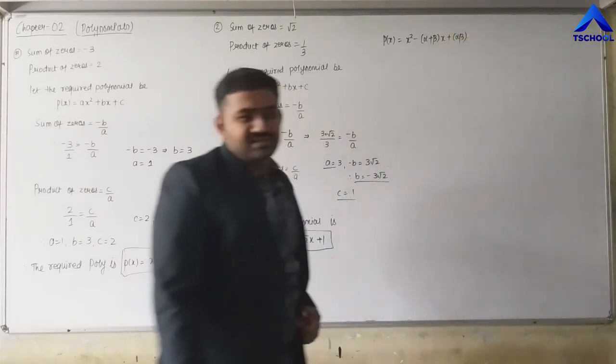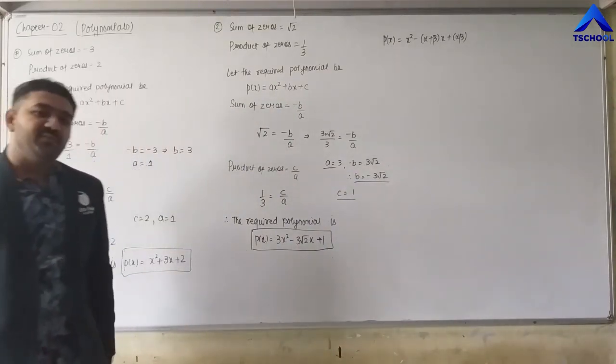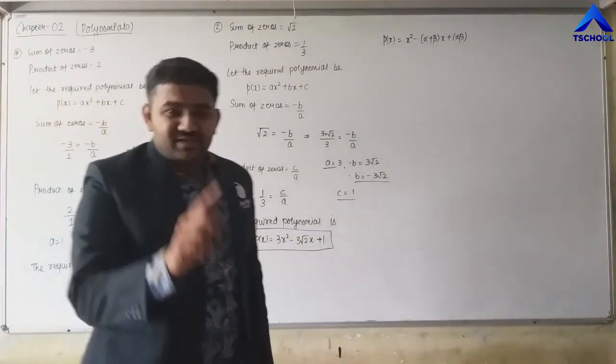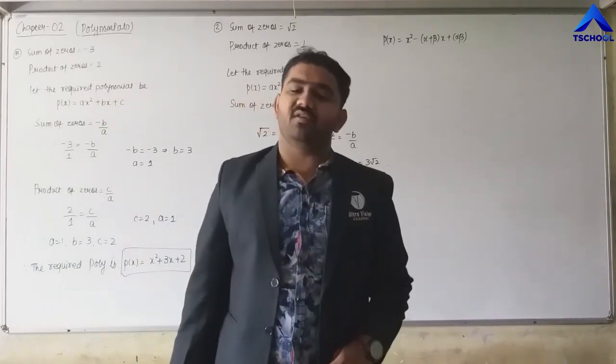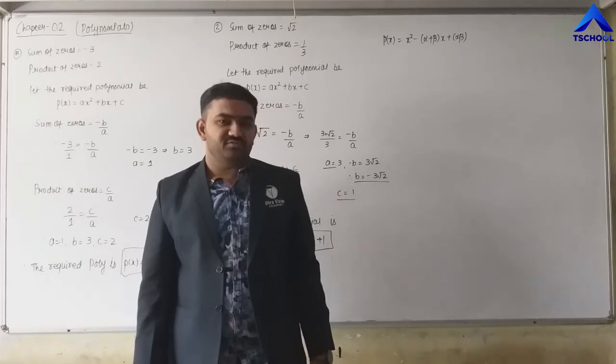What does this suggest? Alpha and beta are the zeros of the polynomial. That means alpha plus beta is the sum of the zeros, and alpha into beta is the product of the zeros.